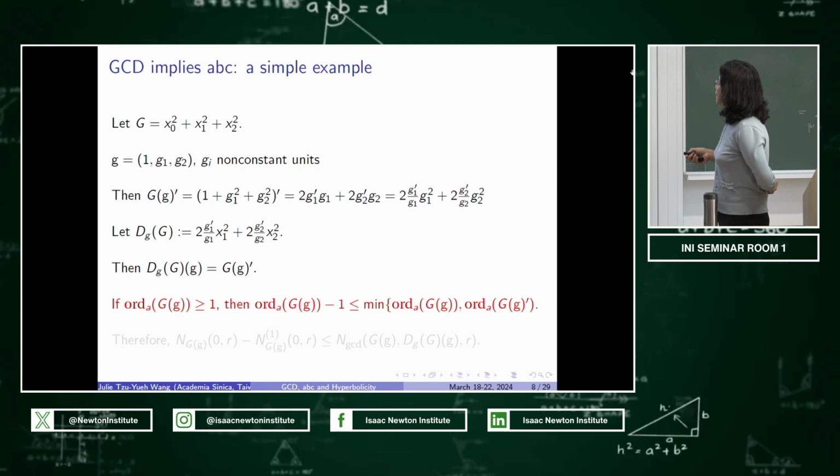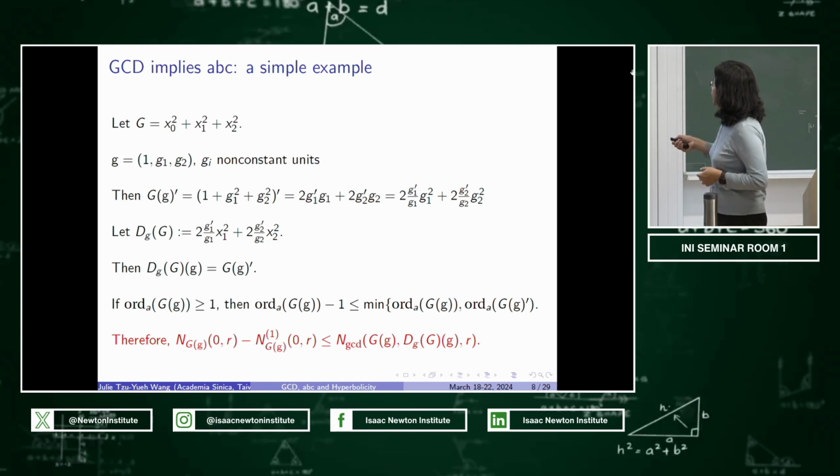Okay, so now let's see. If the order of zero is bigger than 1 at A, then apparently, because this is the derivative, the order will be at least the order of G minus 1. So of course this inequality holds. Very simple estimate. And then let's just take the whole thing together.